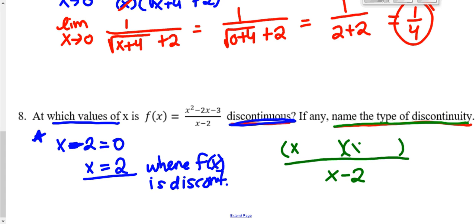Well, let's see if we can factor the top. Something that multiplies to 3 and adds to 2. Well, the only 2 things that multiply to 3 are 1 and 3. And negative 2, we need a negative 3 and a positive 1. Well, none of those factors work, so this discontinuity is non-removable.